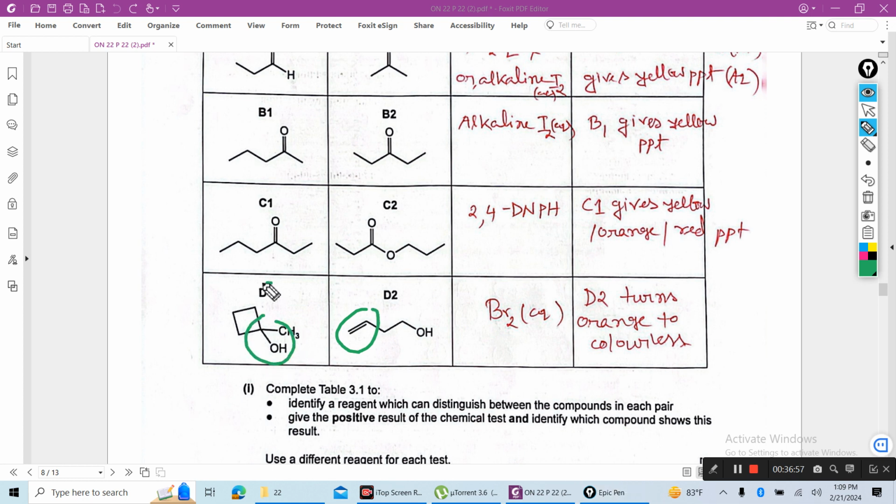So D1 and D2 you can easily distinguish by adding bromine water or aqueous bromine, because alkene reacts with aqueous bromine to form dibromoalkane and the orange solution turns colorless. So D2 will react with bromine water and it turns orange to colorless, but D1 will not react. So you can distinguish D1 and D2 by reacting with aqueous bromine.